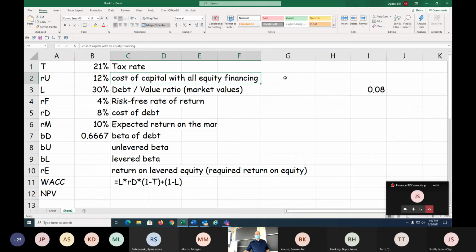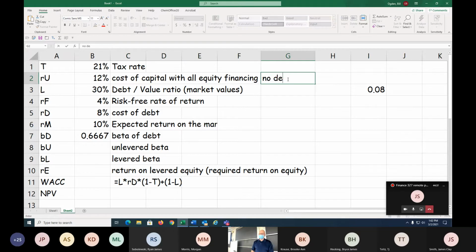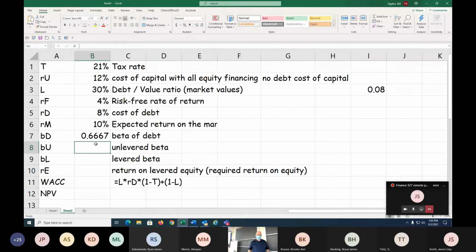So here, you want to make a note over here? This is the no debt cost of capital. So if you have no debt, this company's cost of capital will be 12%. Right? And so let's see what kind of premium that represents. So it equals, it's an 8% premium, right? 12 minus 4, I can see that from here.